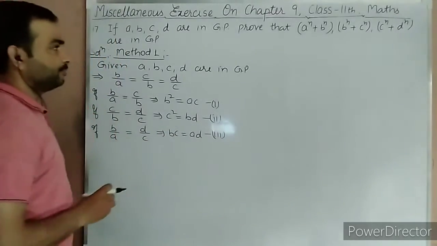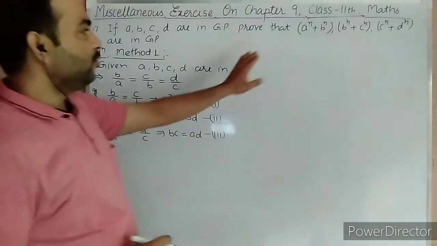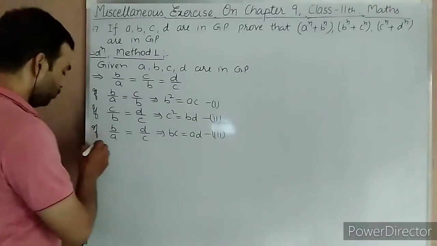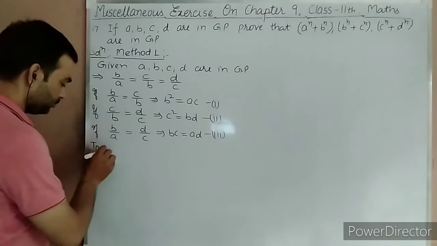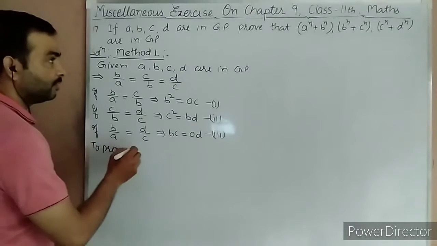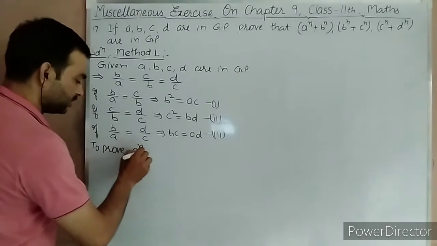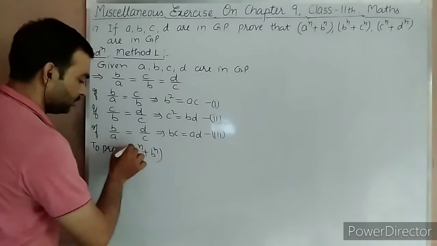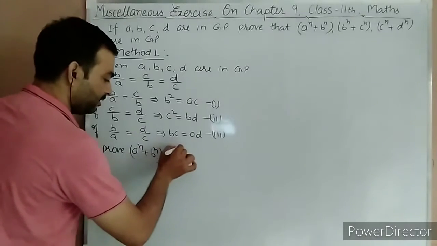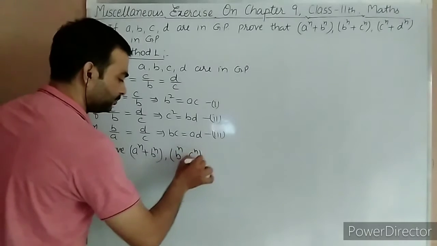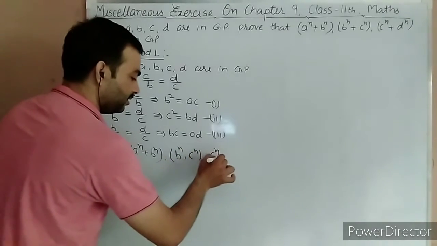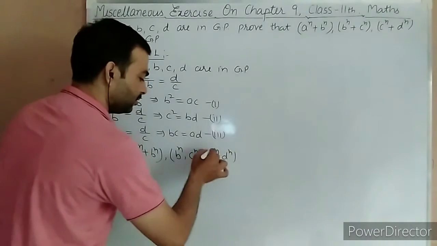Now we have to prove that A power n plus B power n, comma, B power n plus C power n, comma, C power n plus D power n are in GP.